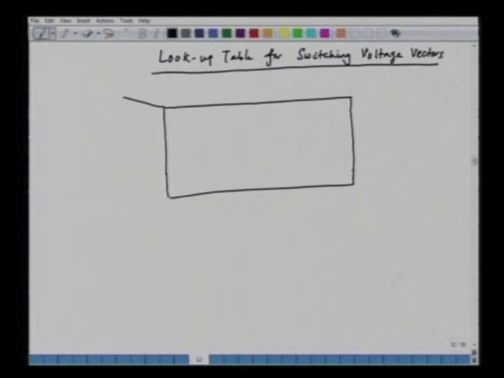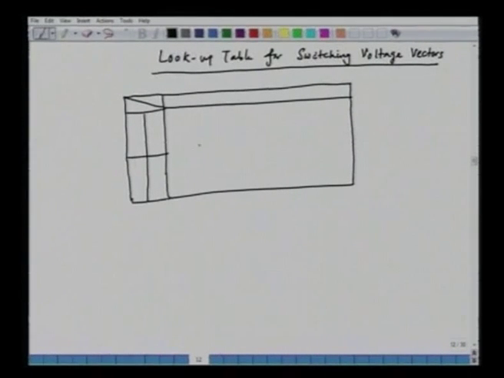So, this is the lookup table we have. And in this case, we have 6 different sectors.